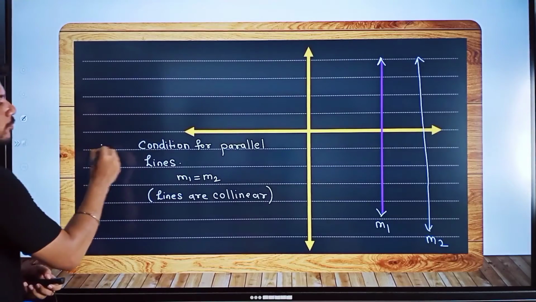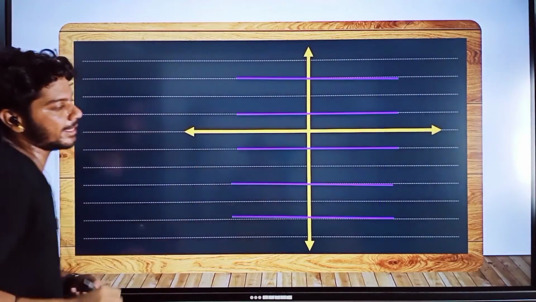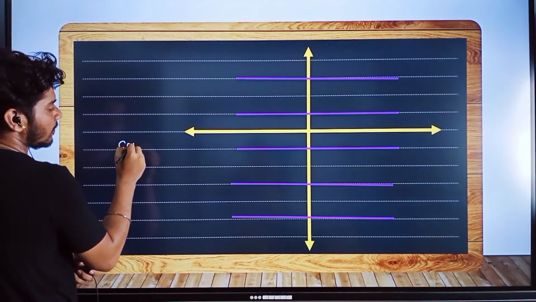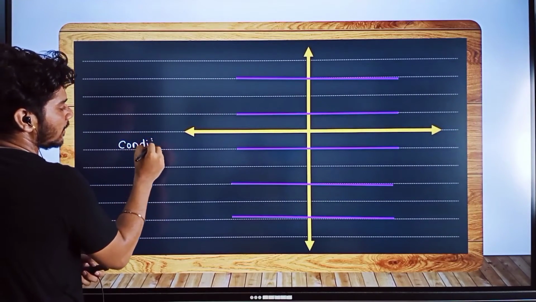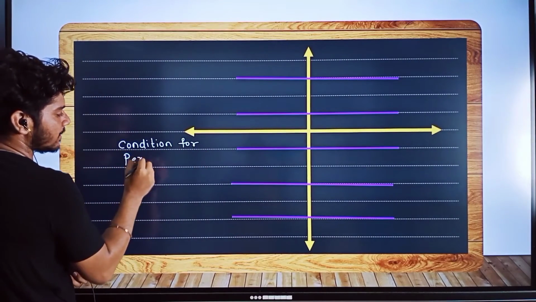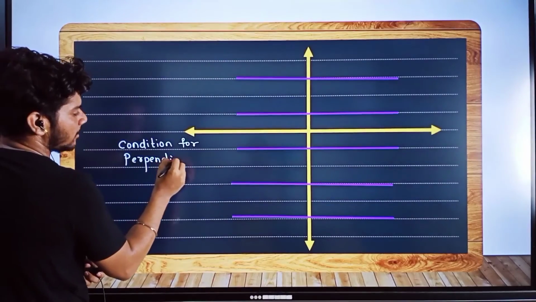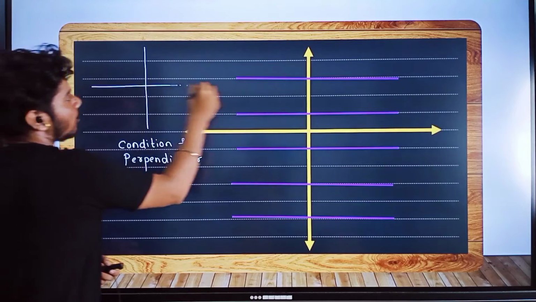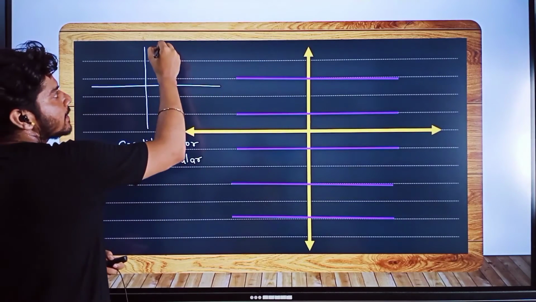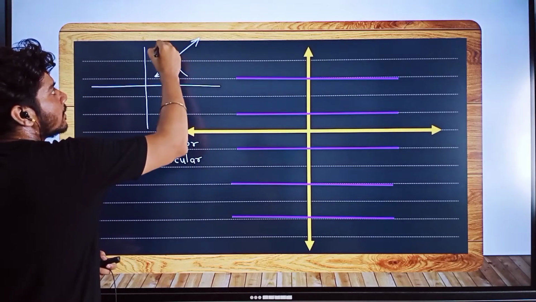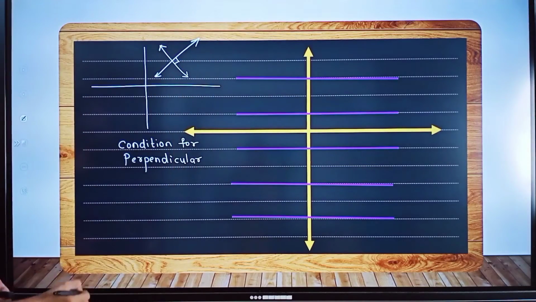Now let's move on to the condition for perpendicular lines. Suppose I have a coordinate axis like this, and there is a line which is exactly perpendicular like this. The slope of one line is the negative reciprocal of the other.